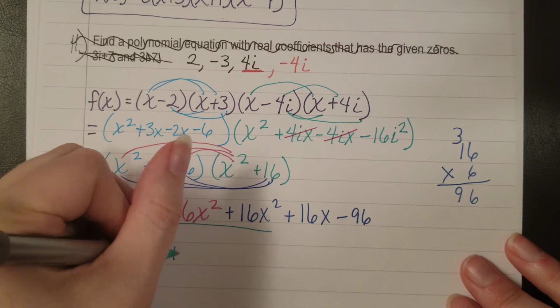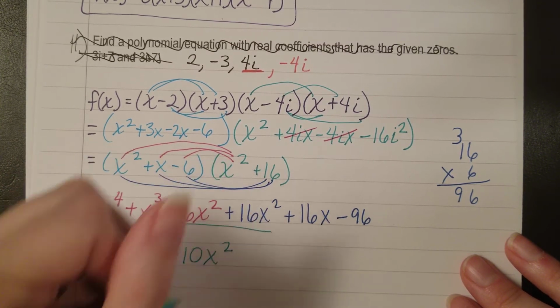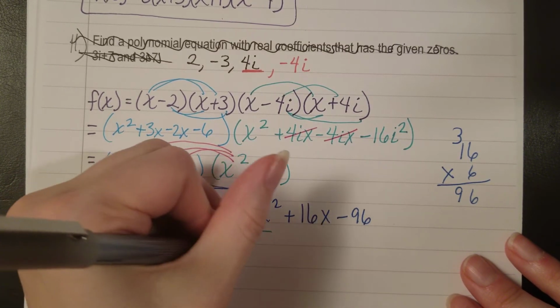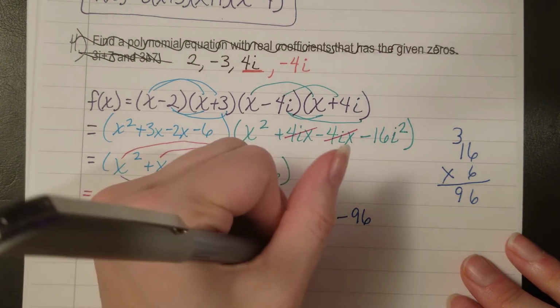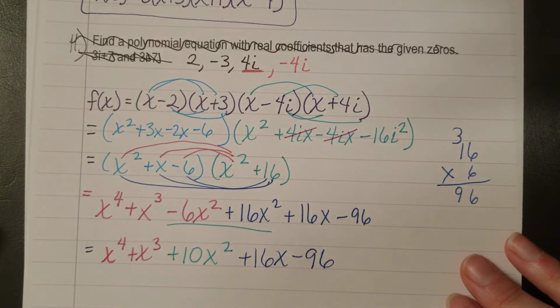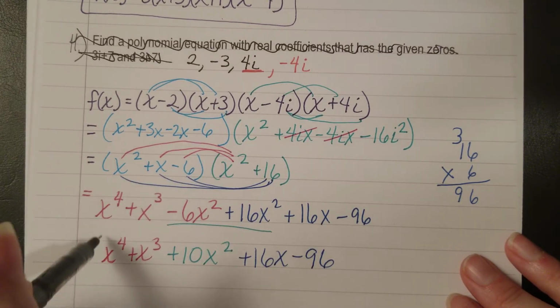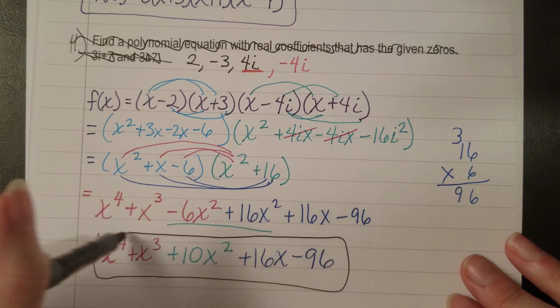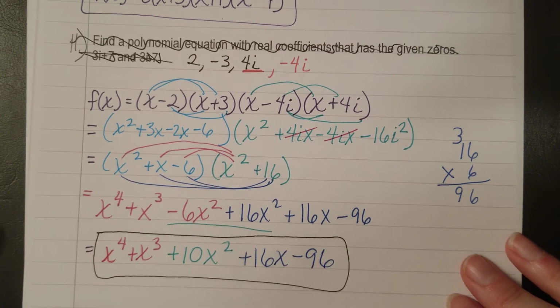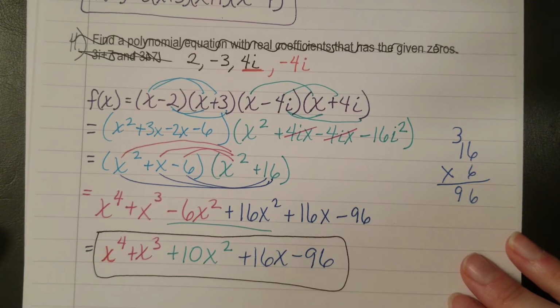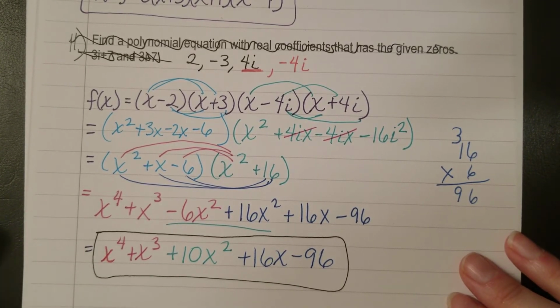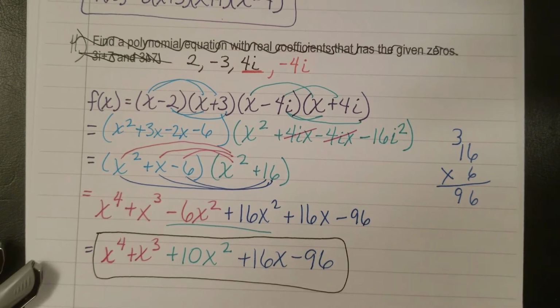That's going to be plus 10x squared plus 16x minus 96. And there we have it. I think you might see this type of question in a multiple choice format, and they will be multiplied out. So you'll have to know how to do that.